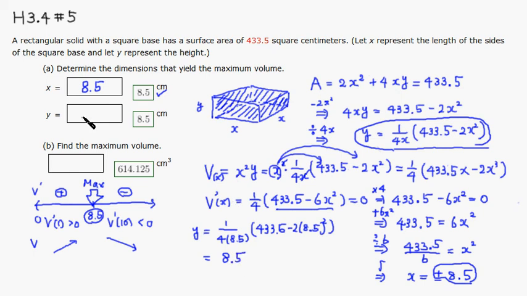So y is 8.5. The volume is easy once you know y and x. Volume is x squared times y, but x and y are both 8.5, so volume is 8.5 squared times 8.5, which is 8.5 cubed.